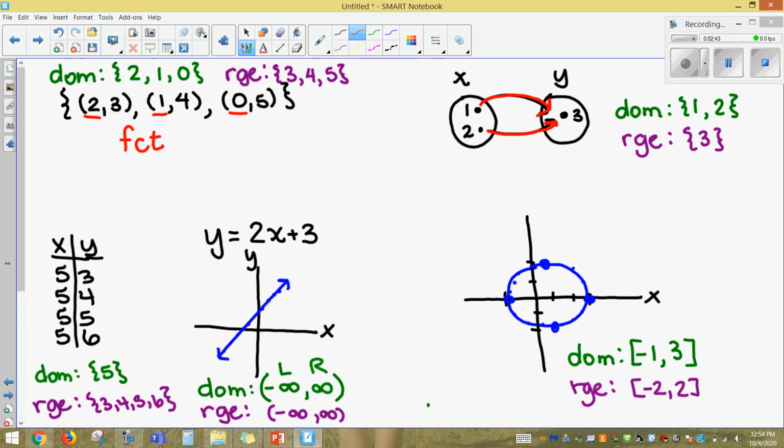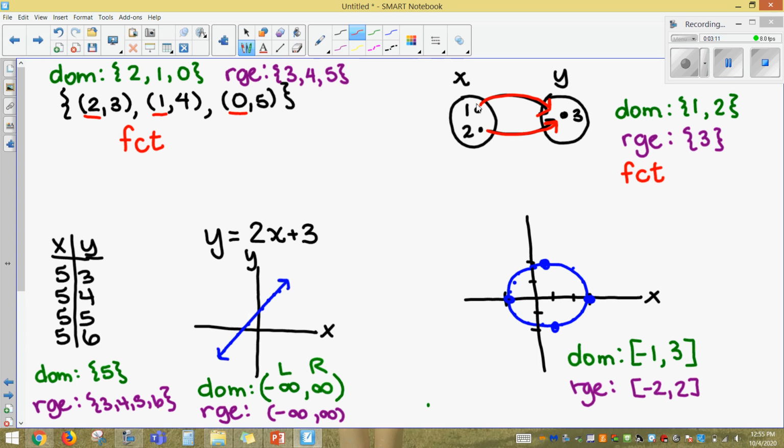It doesn't say that it has to be a different y. It just says that I can only give an x value of 2 one y value partner, and I did. I only gave it 3. It says I can only give the x value of 1 one y value partner, and I did. It just happens to also be 3. By definition, this diagram in the top right corner is also a function.